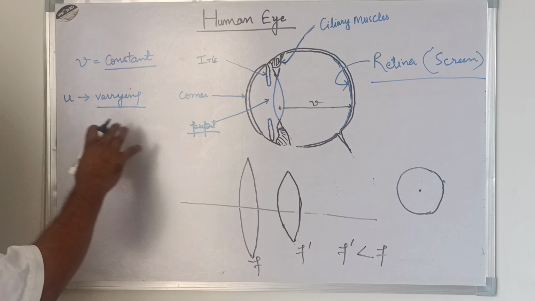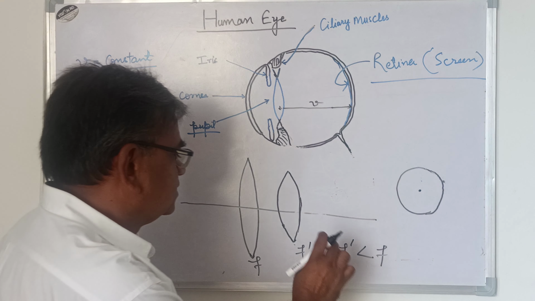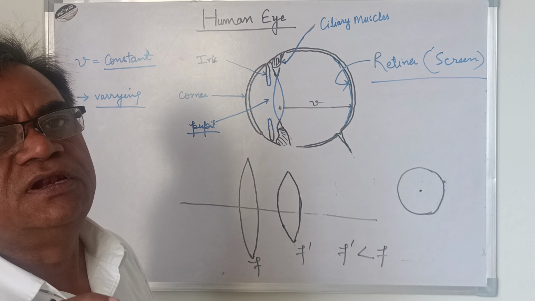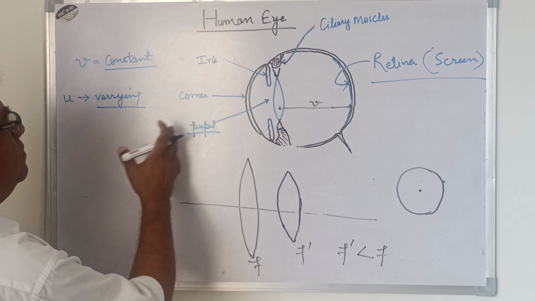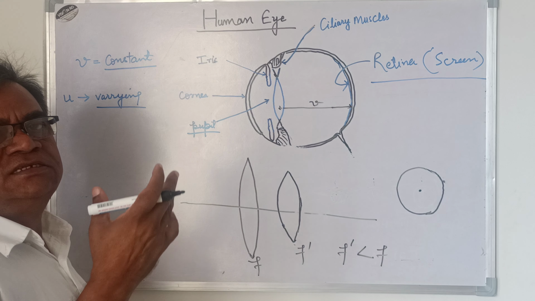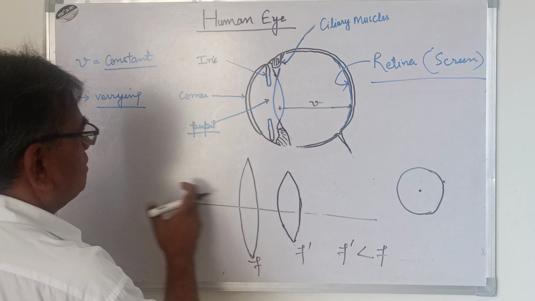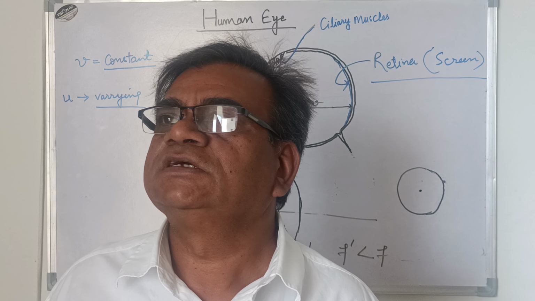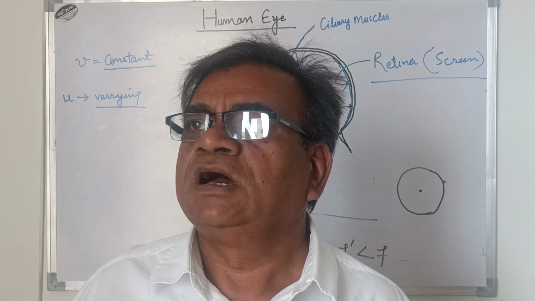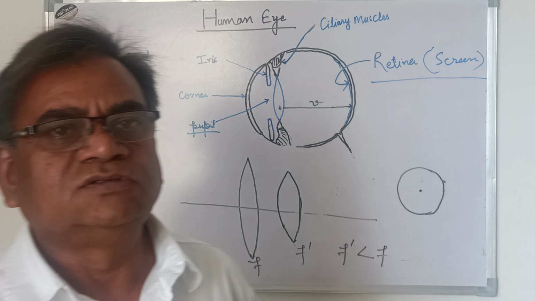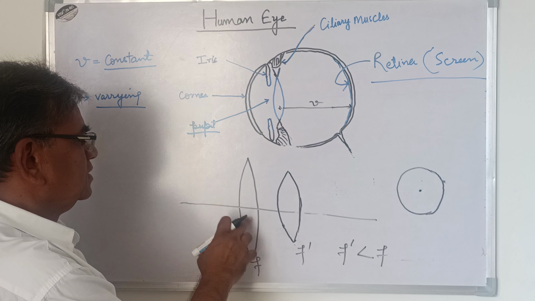As the value of u decreases, the lens becomes thick. It reduces its focal length, and when we see things with our relaxed eye, the lens is in the normal position. When you see very distant objects, your eye is very relaxed, so the lens is in its relaxed form.